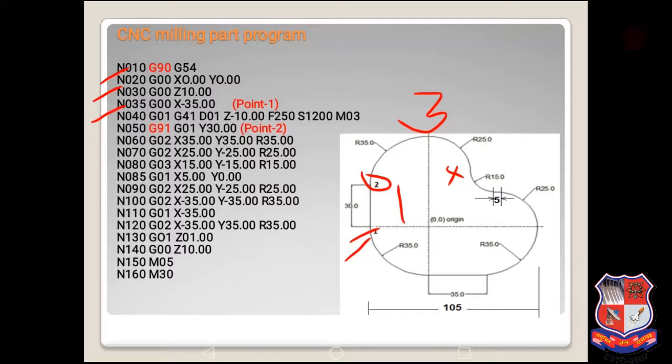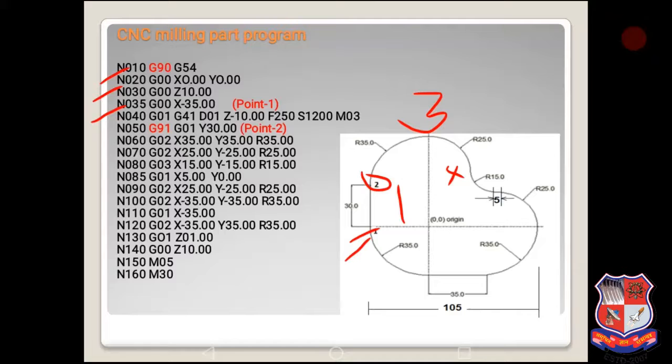So see the block number N070 with G02 command for circular interpolation in clockwise direction with the coordinate value x plus 25 and y minus 25 with the R25. Here we wrote y minus 25 because our 0 0 point is above the end point. Block number N080 is with the G03 command.